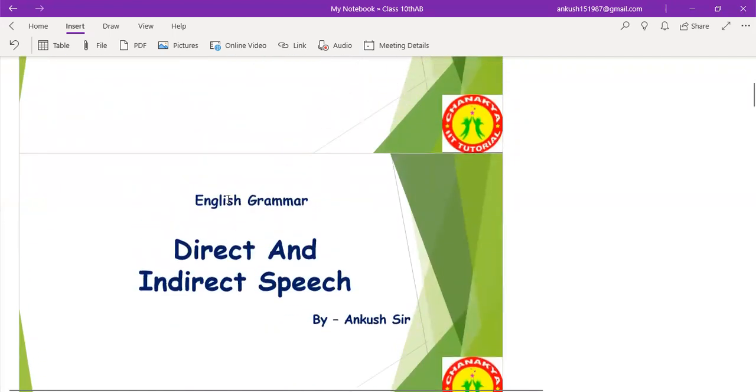Can you see the screen there? Yes. Okay, Praharshan and Yogesh, you both have joined the class, huh? Okay, no matter.